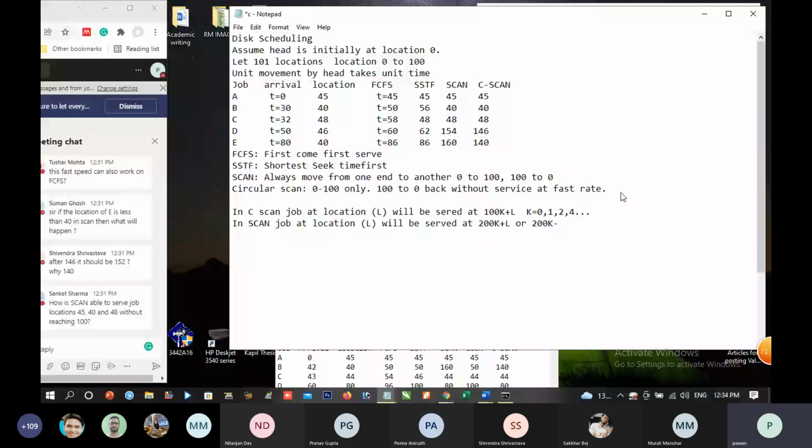Because head will be at location 40 at time t equal to 40, 140, 240, 340, etc. in circular scan. And in scan, either at time t equal to 40 or 160, 240 or 360, so on.